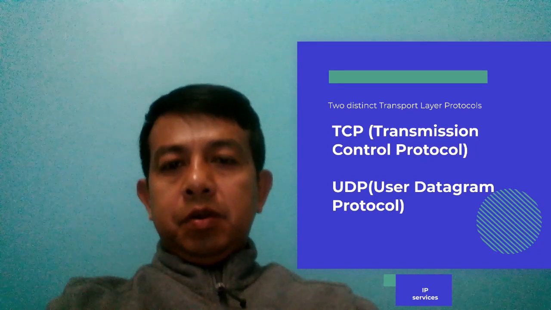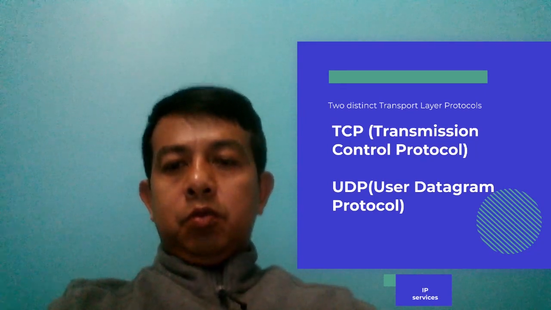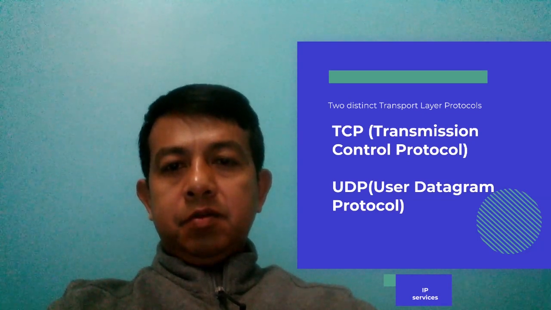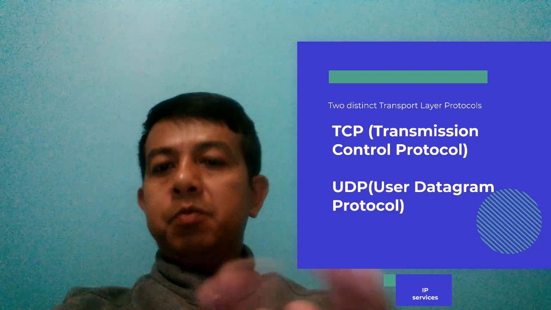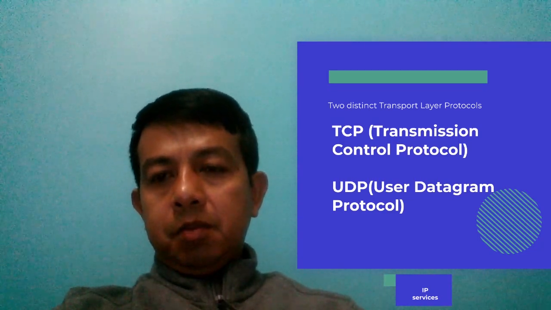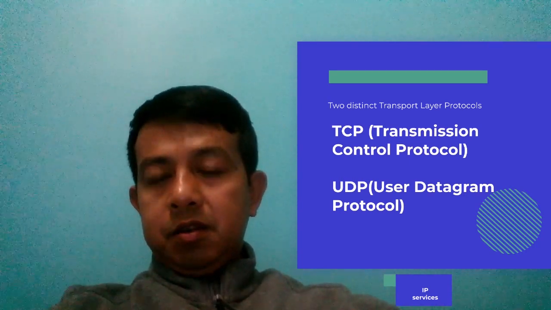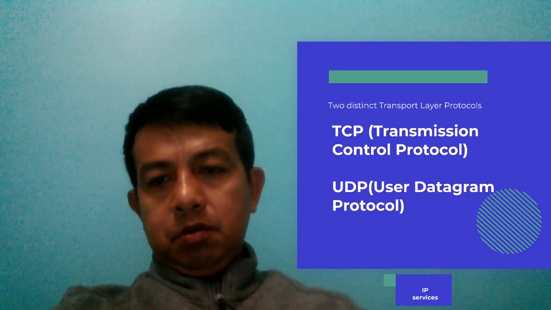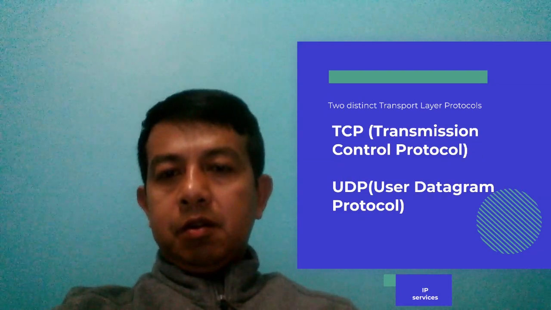The basic difference between these two protocols is that they provide a different set of services. Your application would use TCP if it requires the set of services provided by TCP, and UDP if it requires the set of services provided by UDP.